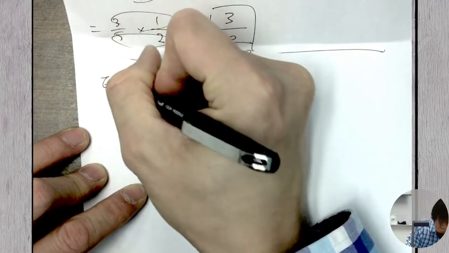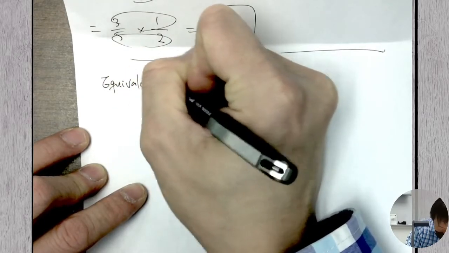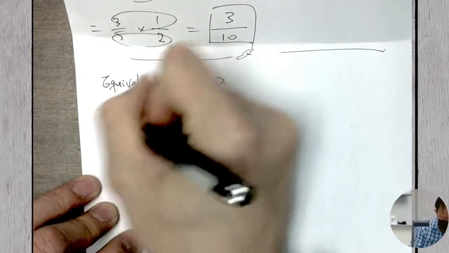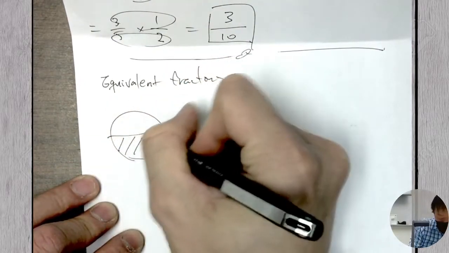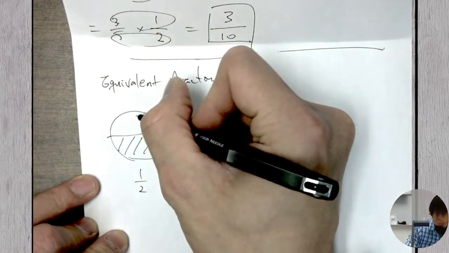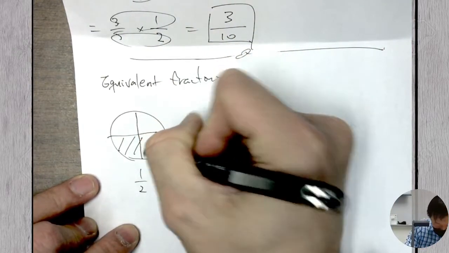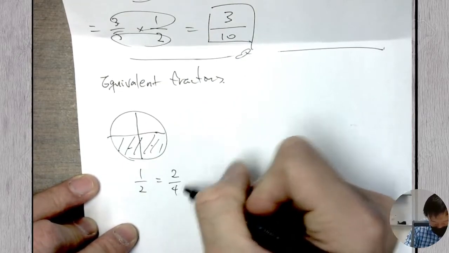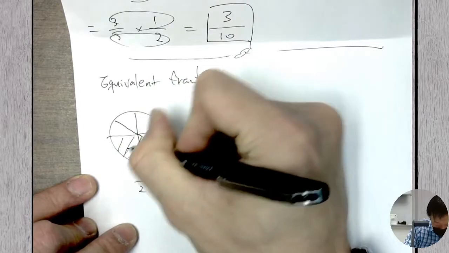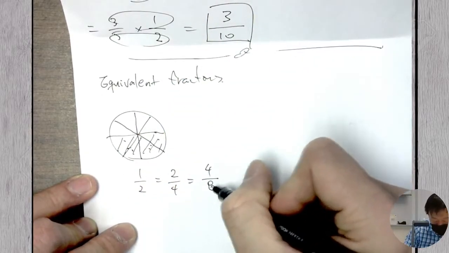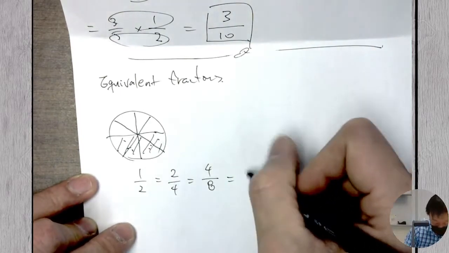What I'm saying is that 1/2 is equivalent to, it's the same pizza, right? 2 parts of 4, which is equivalent to 1, 2, 3, 4 parts of 8, and so on and so forth. I can keep on going.